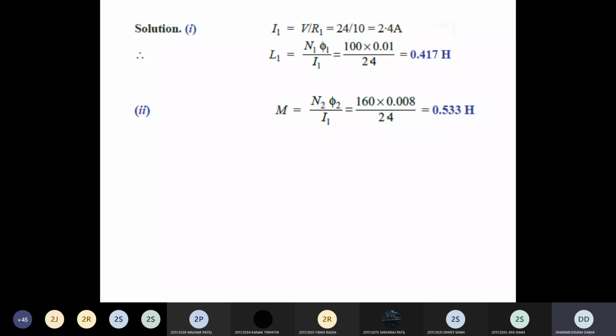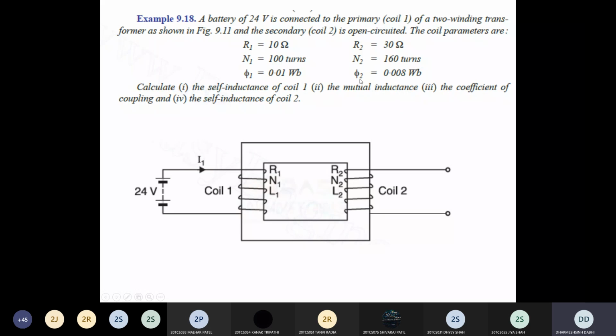Now, how to find out mutual inductance? For the mutual inductance equation, we know that here current is flowing into coil number 1. So mutual inductance M is equal to N2 into phi 1 2 divided by I1. That equation you know. Clear? But here you can see that in the example phi 2 is given, 0.008 Weber. So what is this flux?